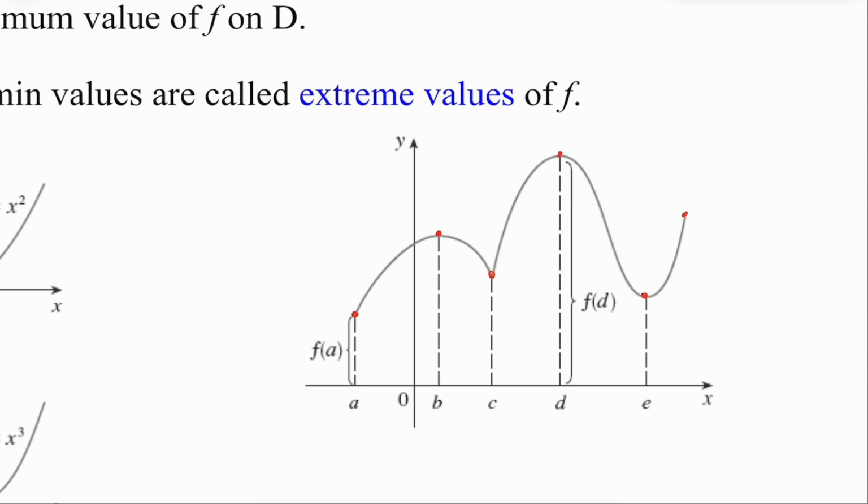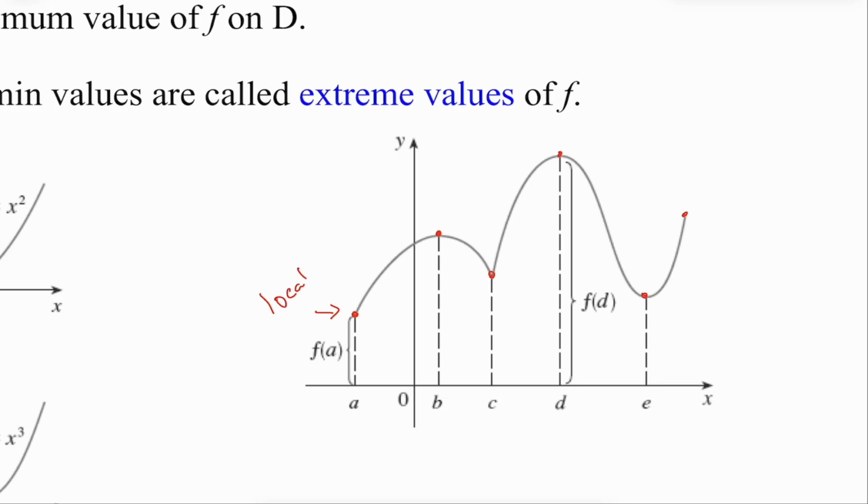So our endpoints of a continuous function could possibly be an absolute max or min. It just depends upon the function. They will not be relative because we don't know kind of what's going on either side of them. But this particular spot at the point a, f of a, we have a local, or I'm sorry, an absolute minimum.